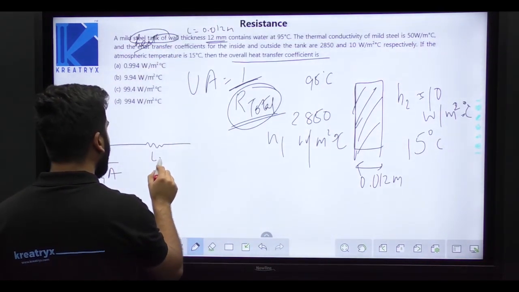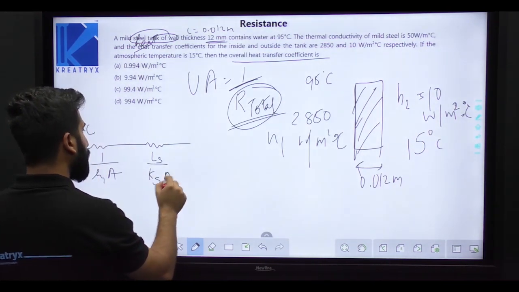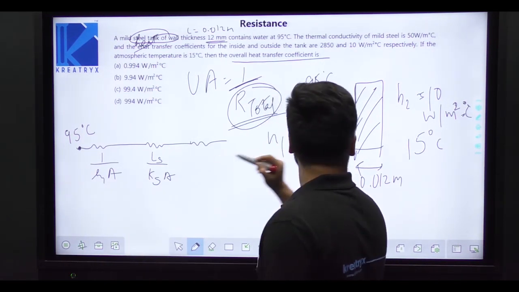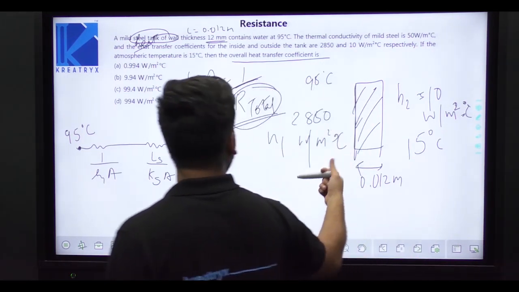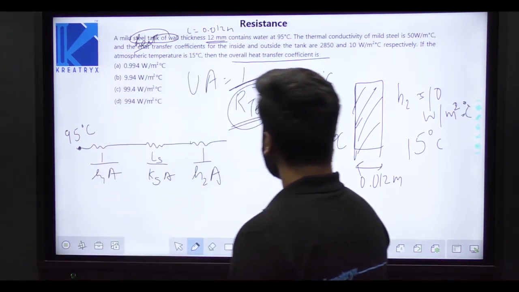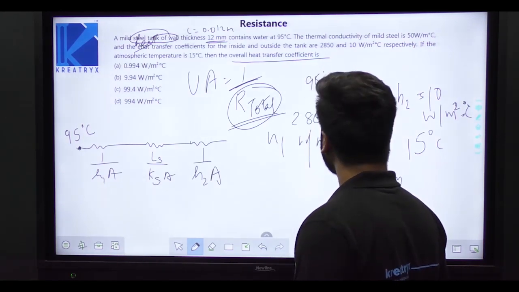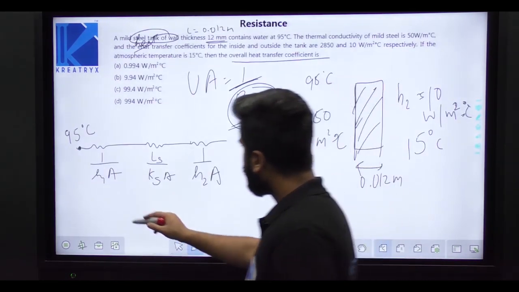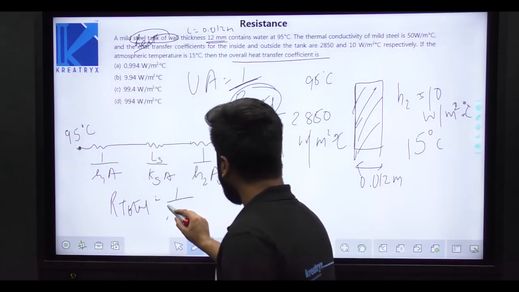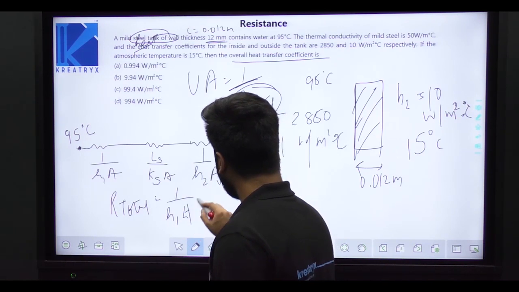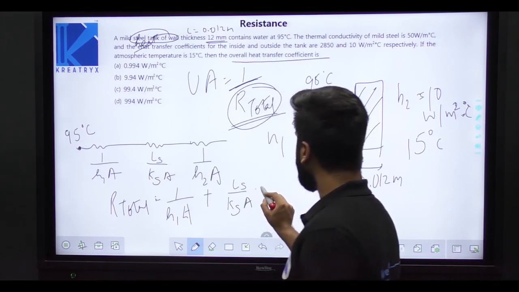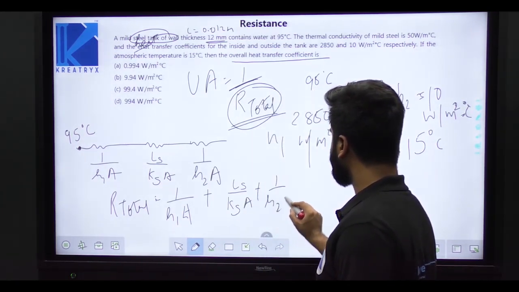So this will be LS by KSA, and area will be same. So this will be convective resistance on the ambient side, which is 1 by H2A. Okay, so you can find the total resistance, which is R total is equal to 1 by H1A plus LS by KSA plus 1 by H2A.